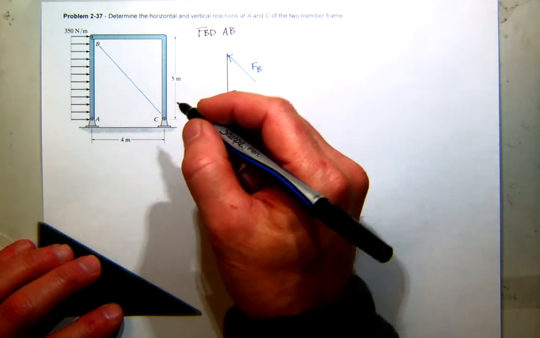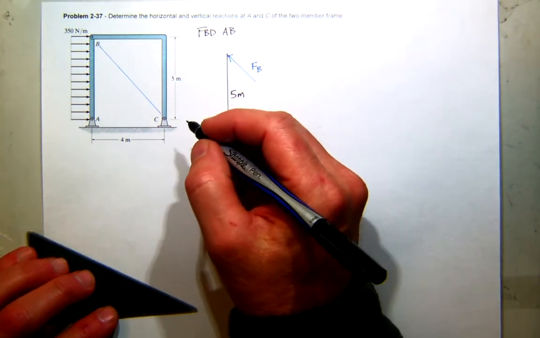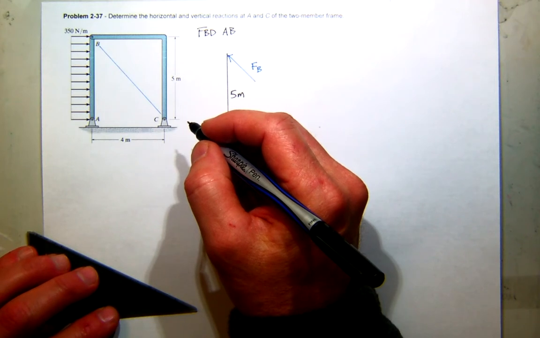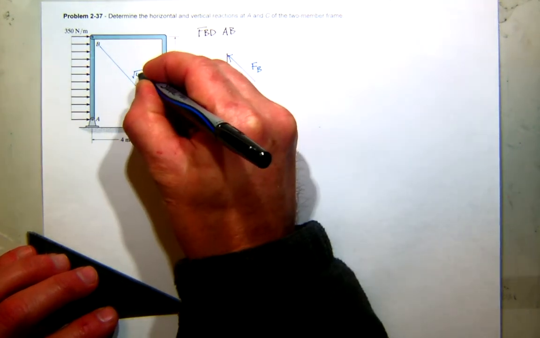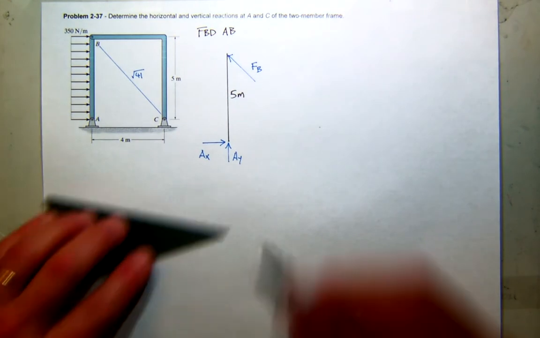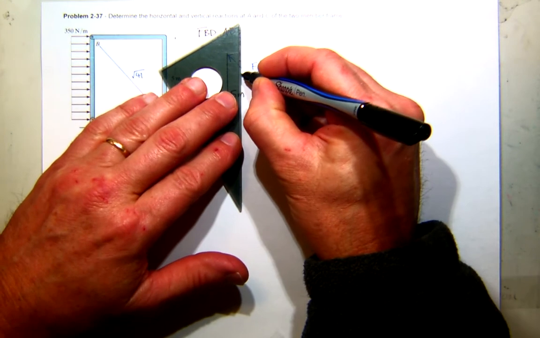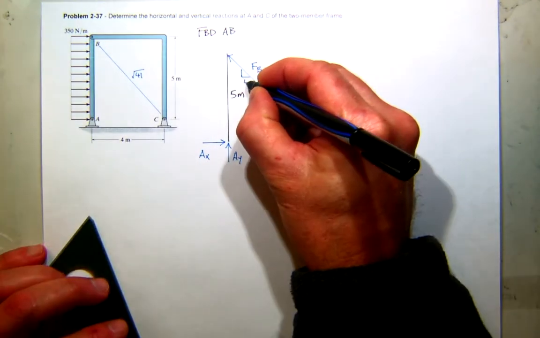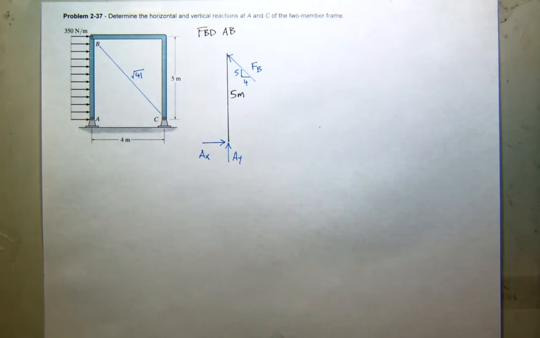Let's square it. Give me a square root. 41. Thank you. So I'm going to write it that way. It'd be easy for me to write square root of 41. I like to draw it on there so I remember it's a 4, 5, and then of course the hypotenuse is square root of 41.